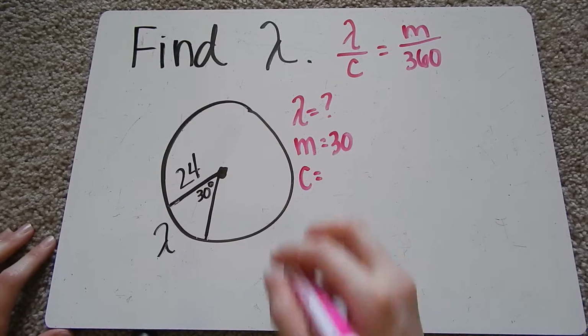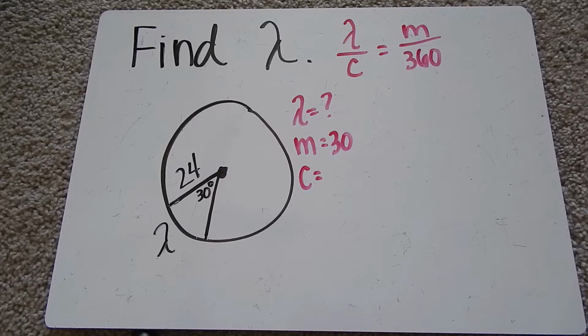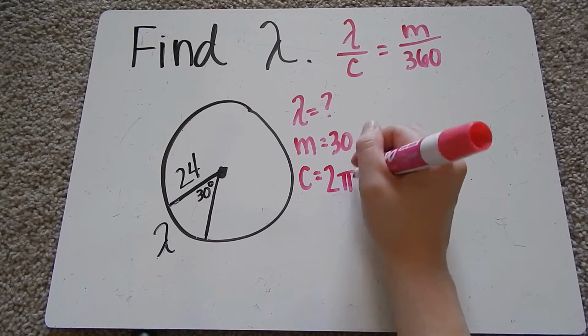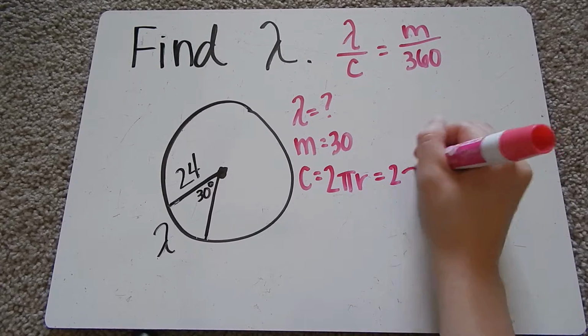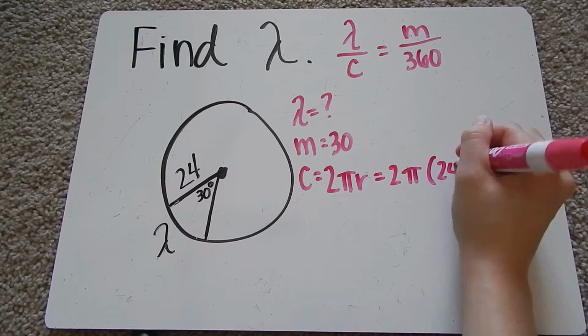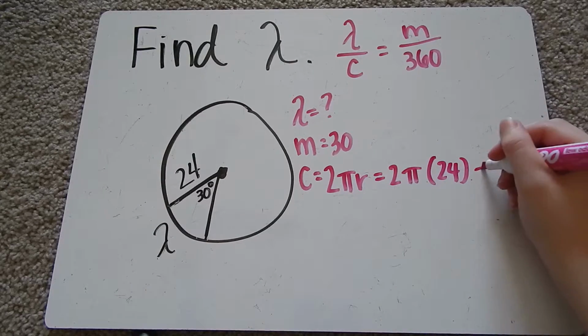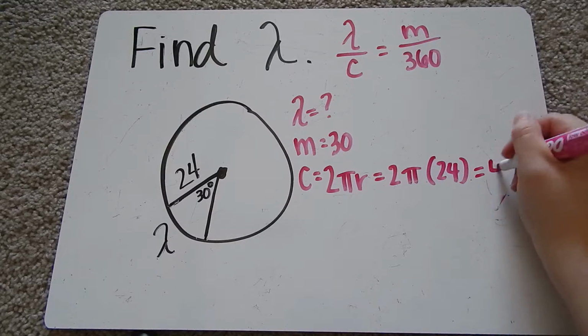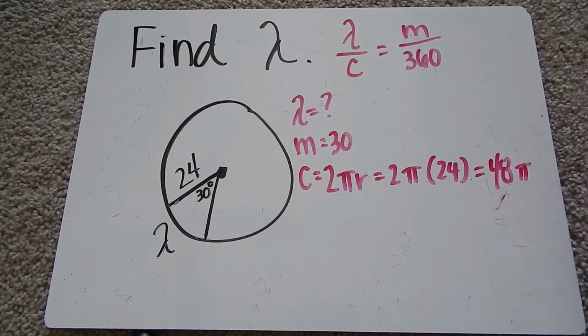And our circumference, well, it's not given to us, but we do have the radius. Since we have the radius, remember circumference is 2 pi r. So 2 pi times 24. And so our circumference is 48 pi. And again, we can leave the pi there. We don't have to worry about multiplying that in.